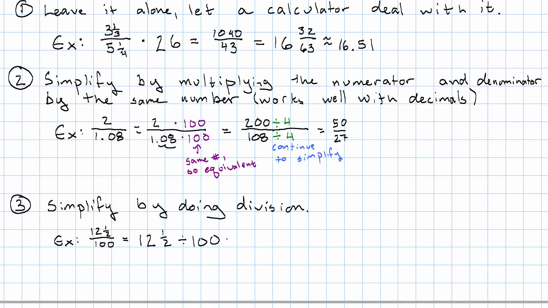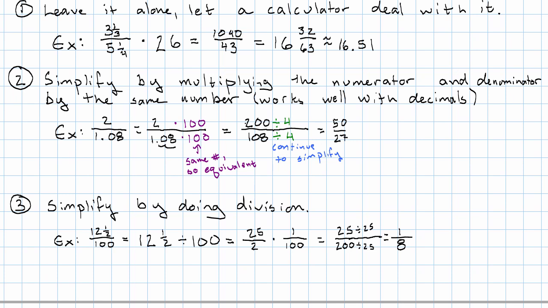If we'd like to work this out by hand, well, we'll need to convert 12.5 to an improper fraction. 2 times 12 is 24, plus 1 is 25. And rewrite the division as multiplication by the reciprocal. And now I see a common factor of 25 here. I get that 12.5 over 100 is equivalent to 1/8.